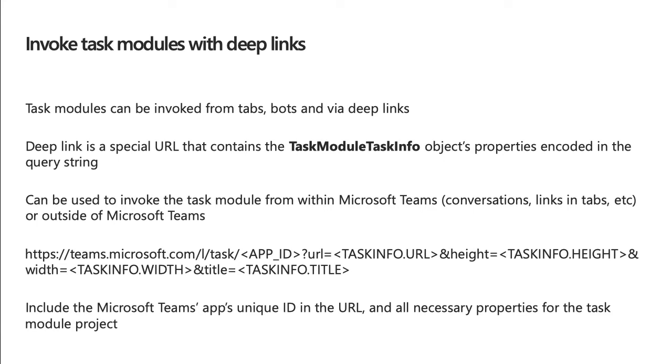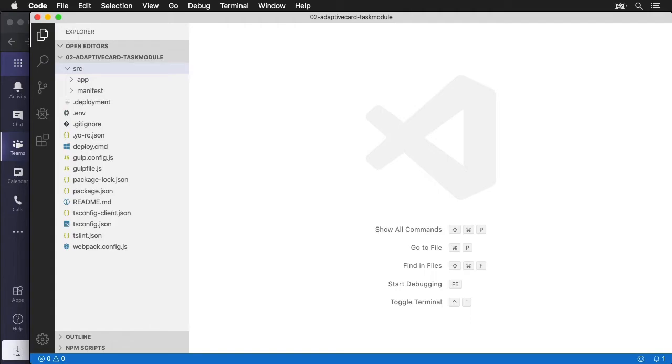A deep link can be used anywhere, including conversations within Microsoft Teams channels or in external applications. In the previous demo, you saw how to create custom task modules, and we did it using just a standard HTML page, and we also did it using a React control and using the Stardust library.